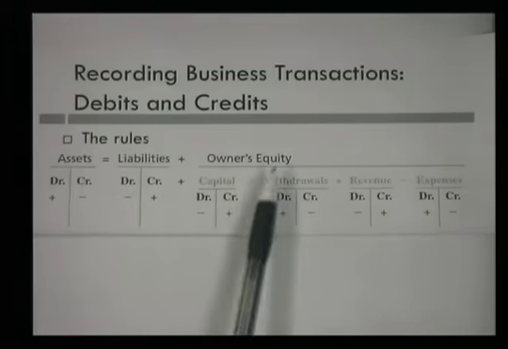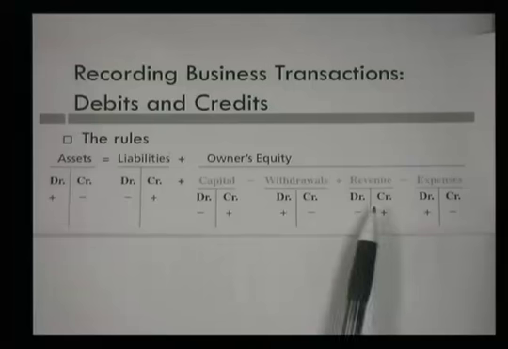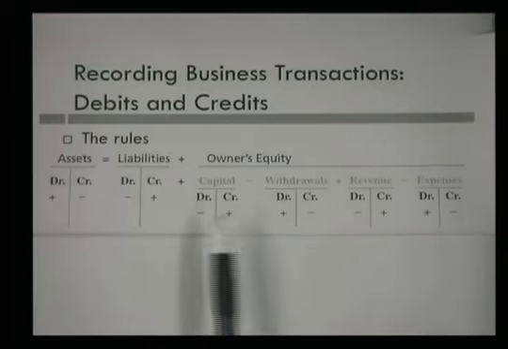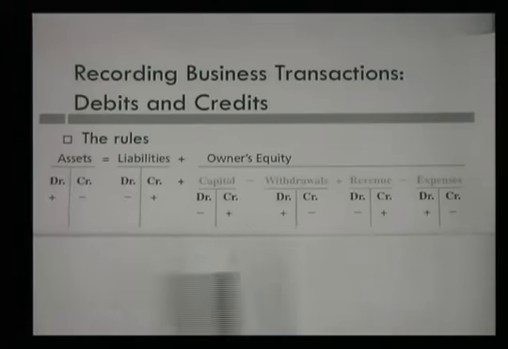Now, owner's equity consists of capital, withdrawals, revenue, and expenses. Capital and revenue increase owner's equity, so they're increased on the credit side. Withdrawals and expenses decrease owner's equity. They are increased on the debit side.